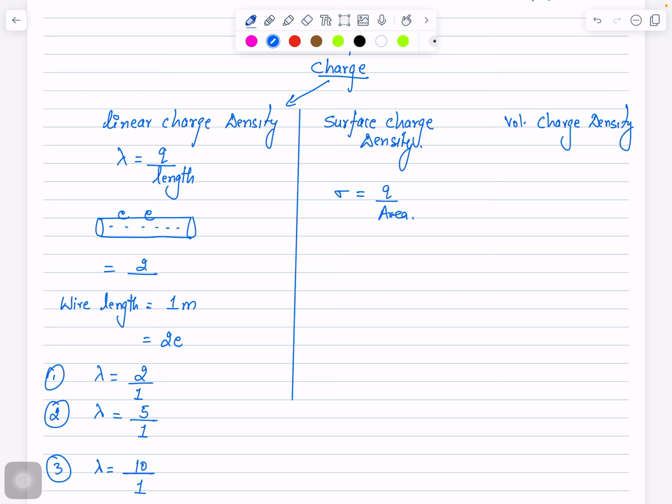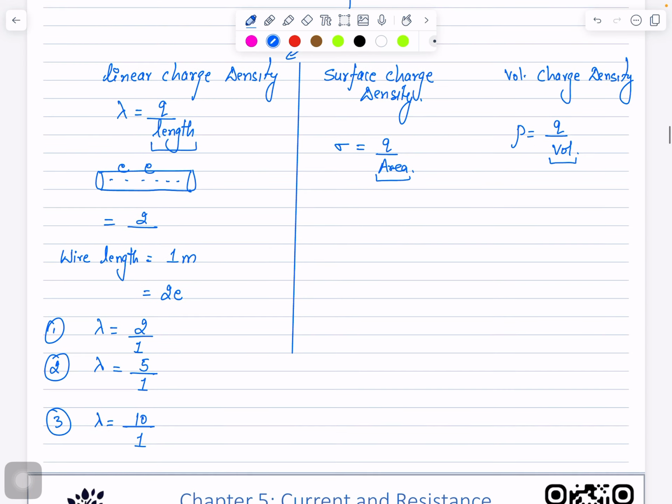In this, rho is equal to charge per unit volume. So you need to focus that we can compare in terms of volume, in terms of area, in terms of length. So what we are learning today is current density.